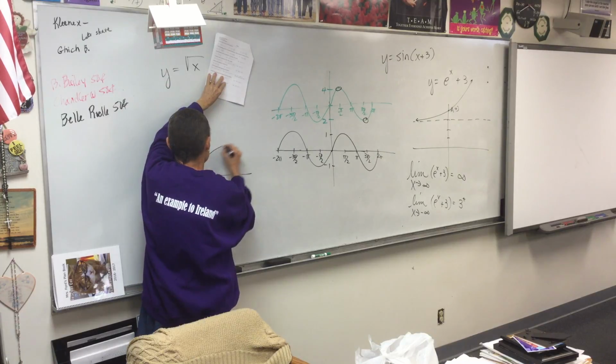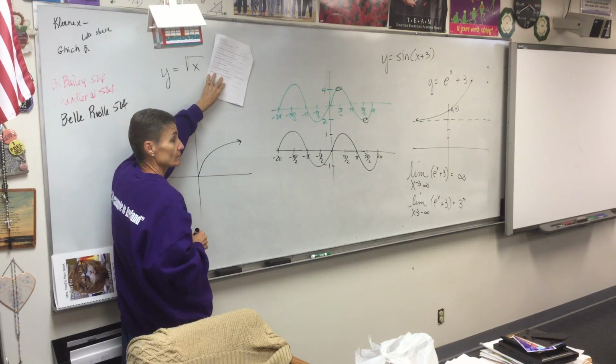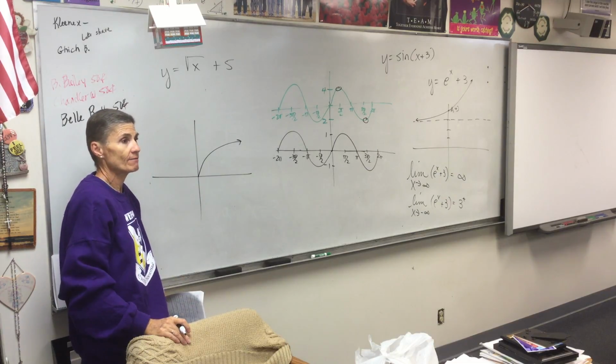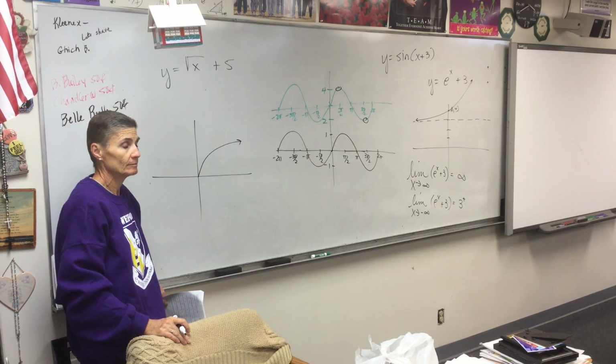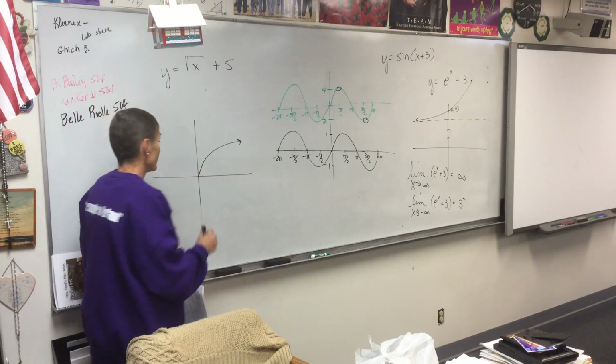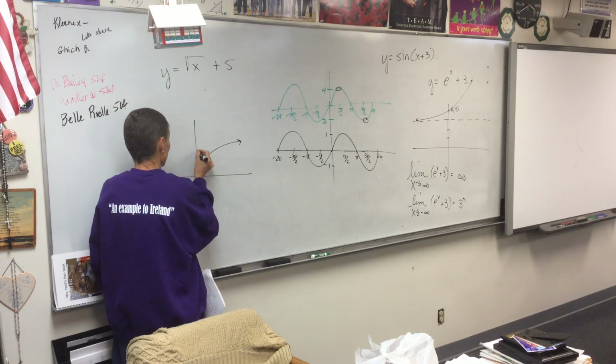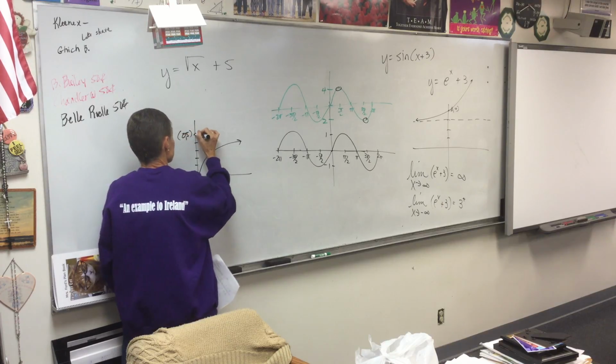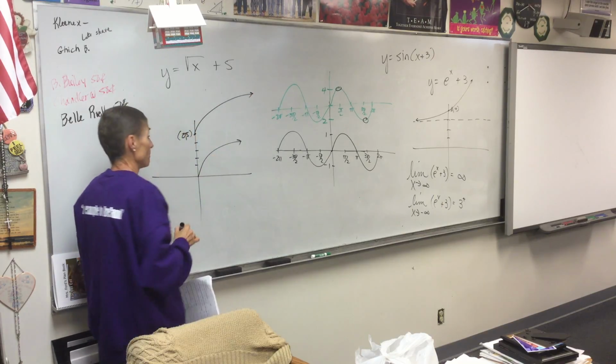That looks like this, right? Now, what happens when we stick that +5 on the end like that? It goes up 5. So instead of being at 0, 0, it's now going to be up here at 0, 5. Same shape, but now it's up at 0, 5.